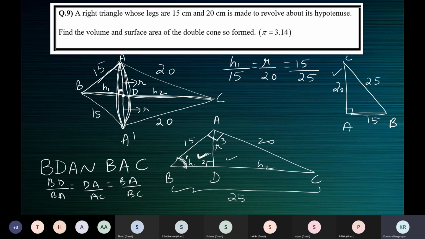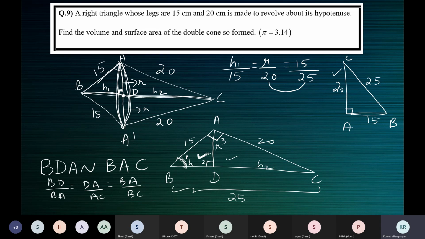So children, can we equate these two and find R? R by 20 is equal to 15 by 25.